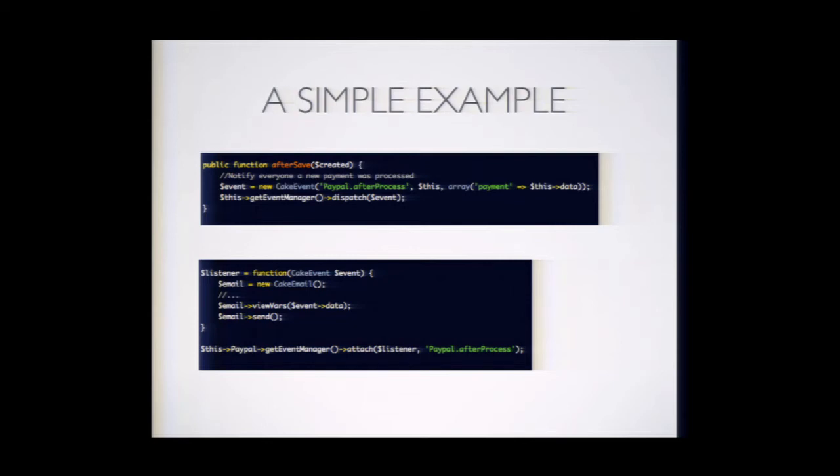And the third param is an array of data that will be passed to all listeners, and you'll have the opportunity to change that data if it's read back into the original class that dispatched the event. So we have an anonymous function with a listener that will just send an email every time you get a PayPal.afterProcess callback.